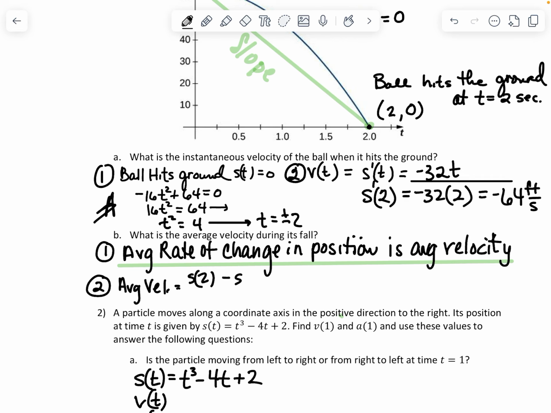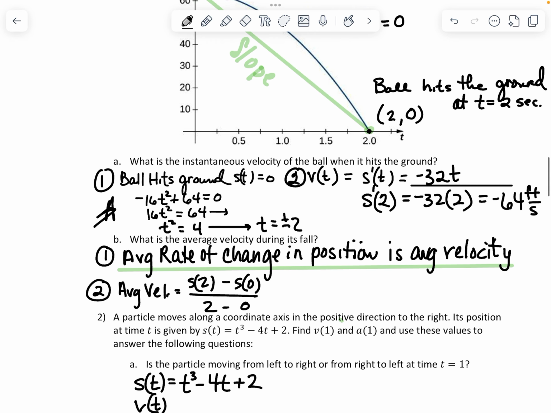That's the average rate of change in position, which is average velocity. So s of 2 is equal to 0, minus s of 0, which is 64, over 2.